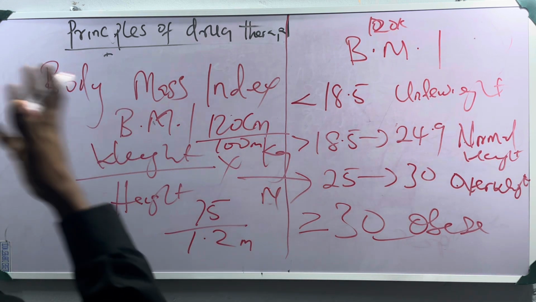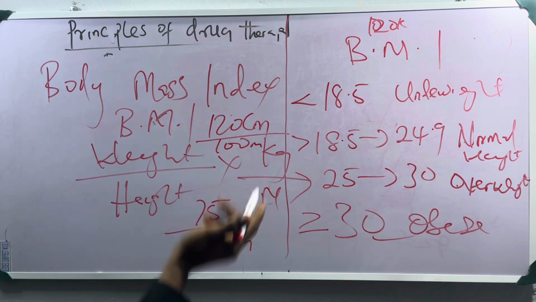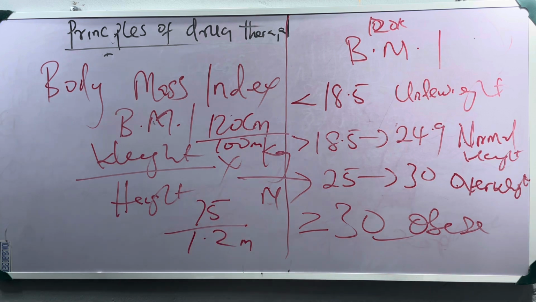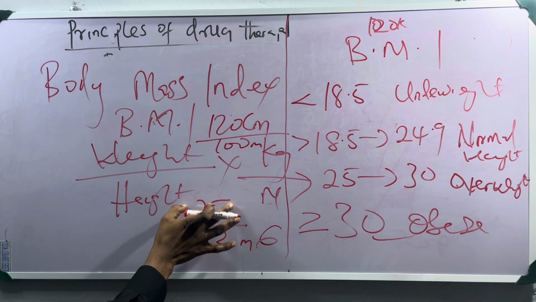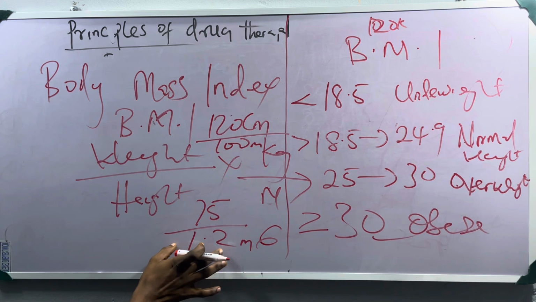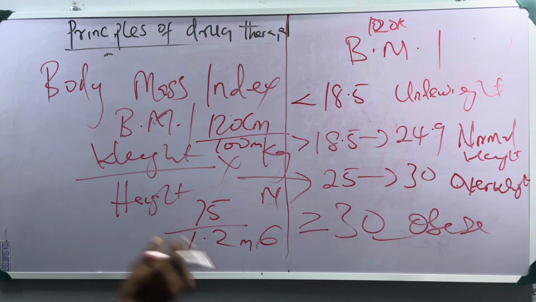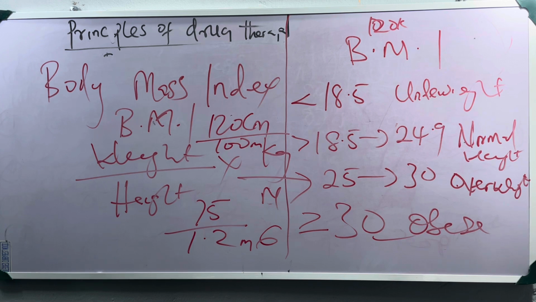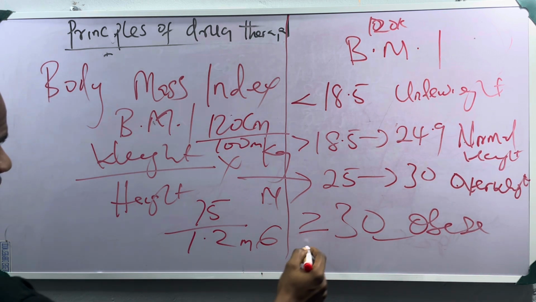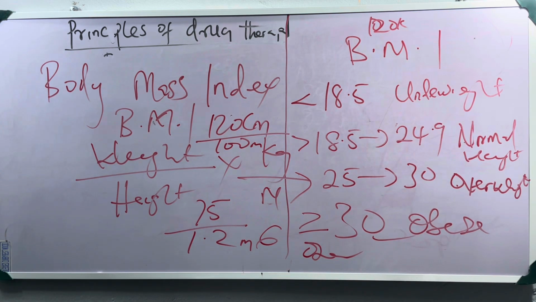Well, let's just do it this way. So if this person has a weight of 75 kg, there's no way you have this height. Basically, there's no way you have this height. So with this, it's giving around 60 point something, which means the person is obese, basically.